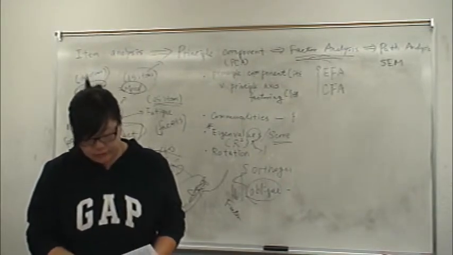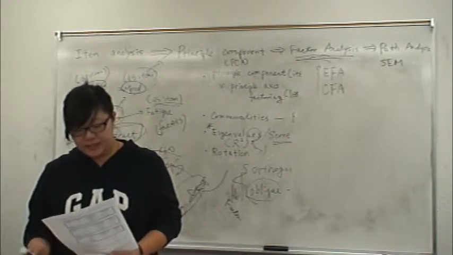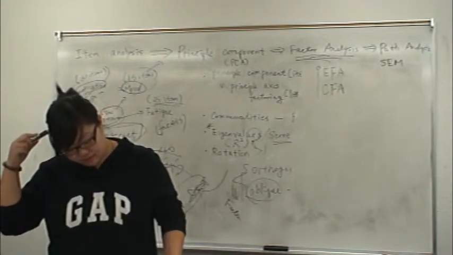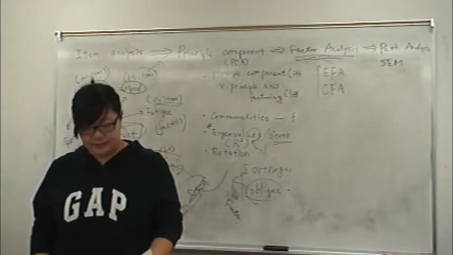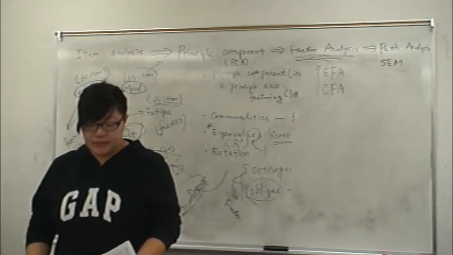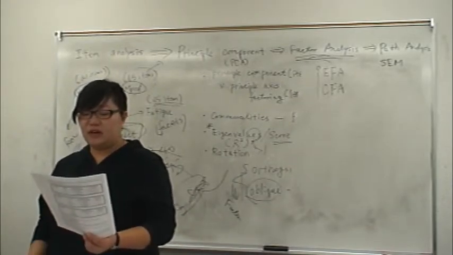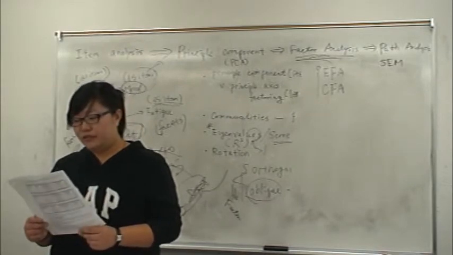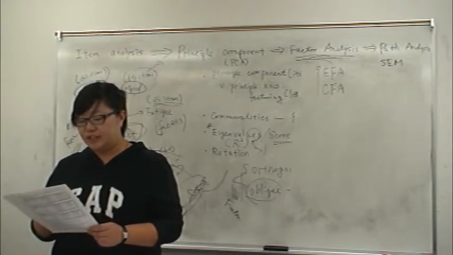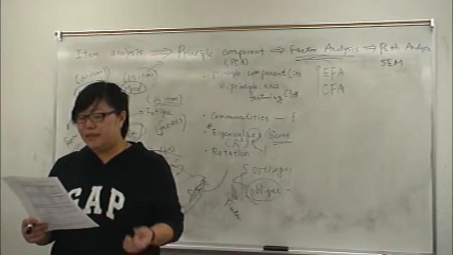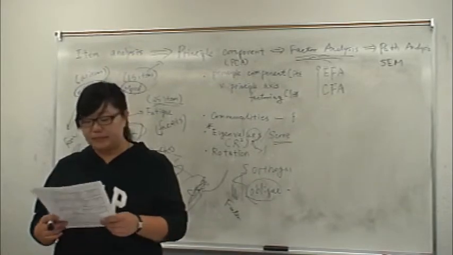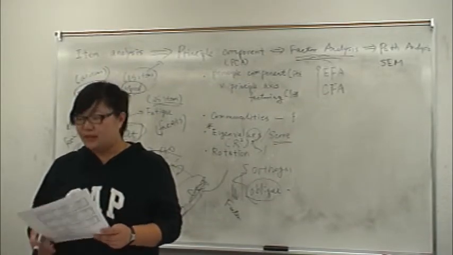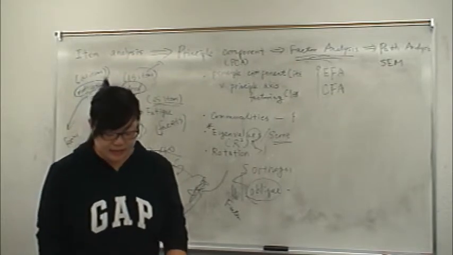You can also find it on page 72 and page 73. On page 72, under G, they talk about it as causal models. They don't say path analysis or SEM, but it's the same thing as path analysis and SEM.